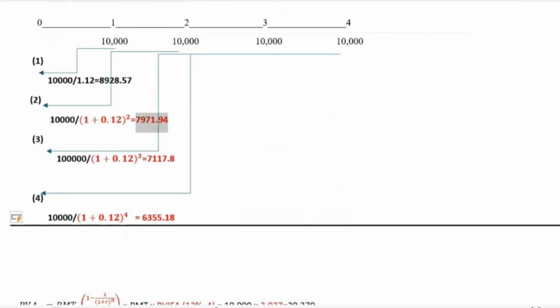Let's add them together. 8928, 7971, 7117, and the last one.